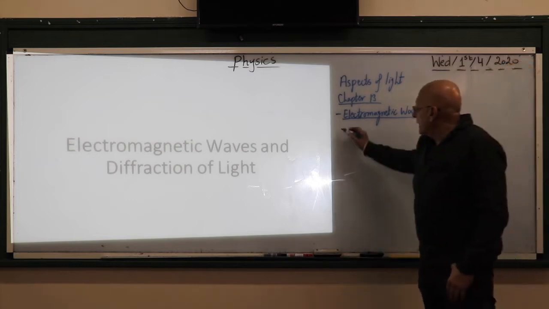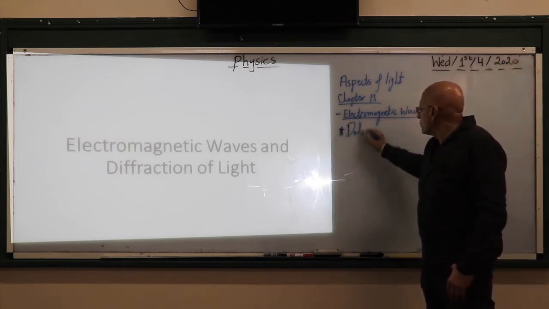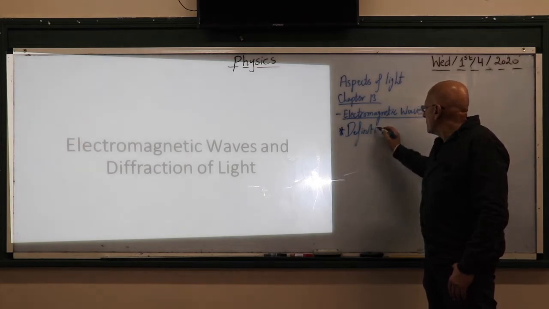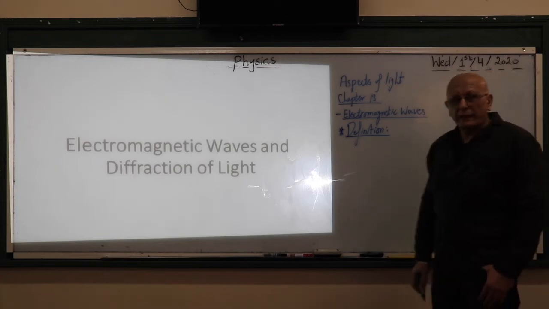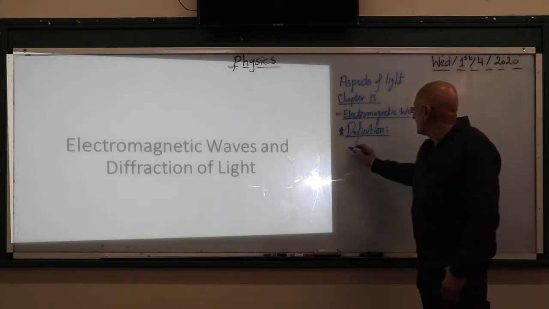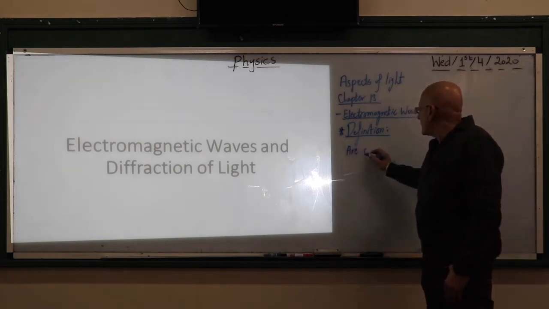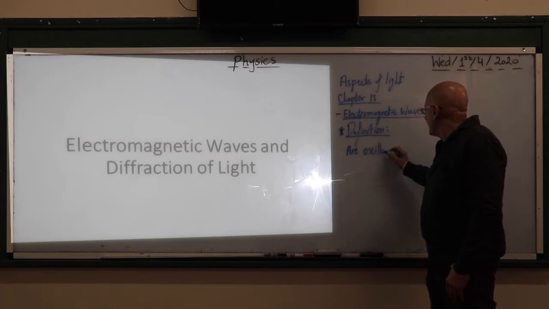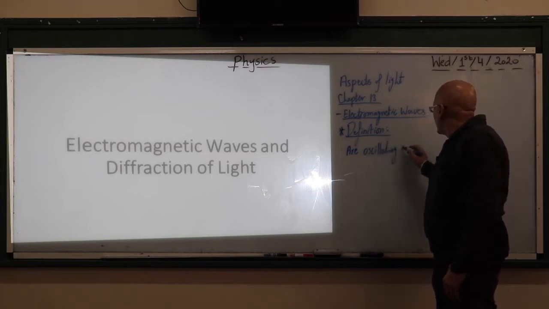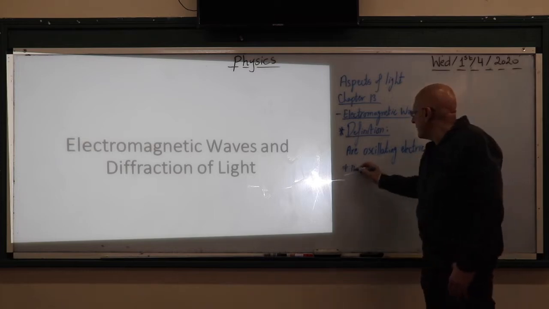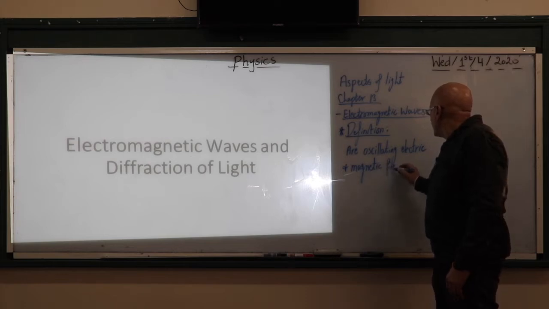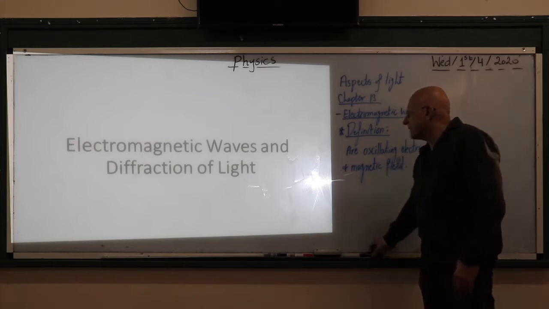Okay, let's start with the definition. Electromagnetic waves are oscillating electric and magnetic fields. Okay, what does this mean?